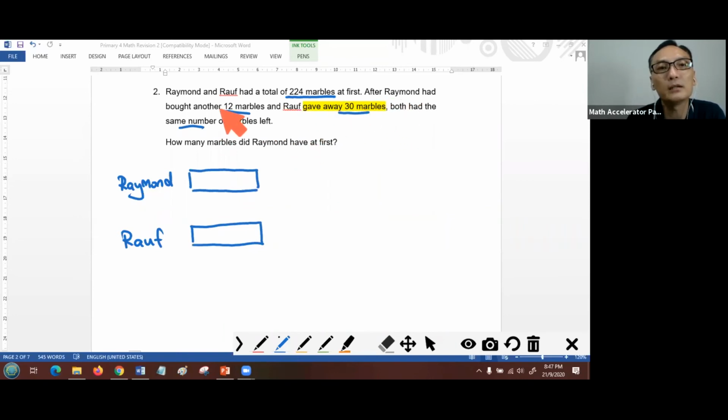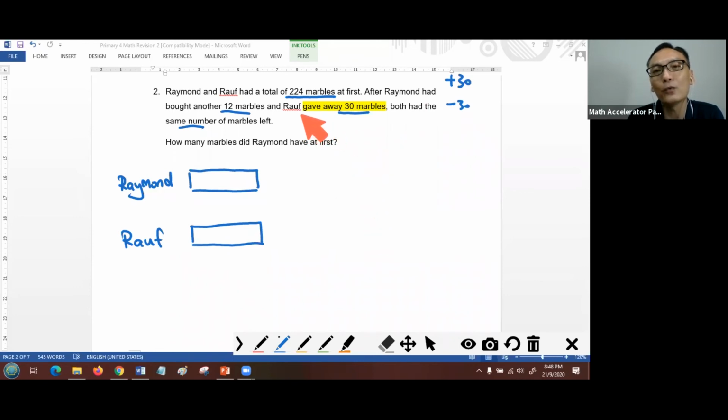So Raymond had, now we work backwards. Raouf gave away 30 marbles. Then what should we do? Plus or minus? When we work backwards, do we need to add 30 or minus 30? Can you help me type a plus or a minus? Right. Is it plus 30 or minus 30?